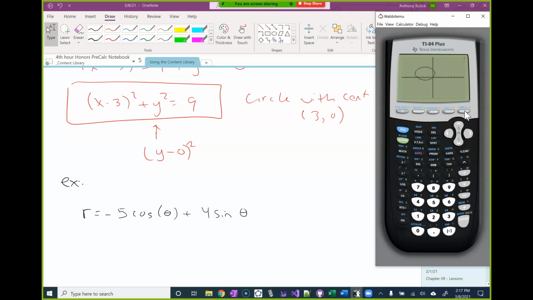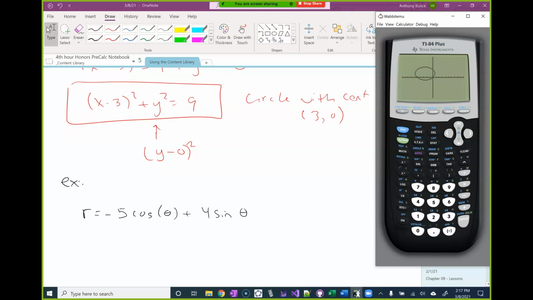Again, we're getting something circular, and the center appears to be somewhere here in the second quadrant, right? Everybody agree with that? Again, quadrant 1, 2, 3, 4.